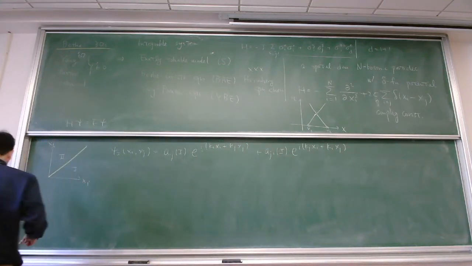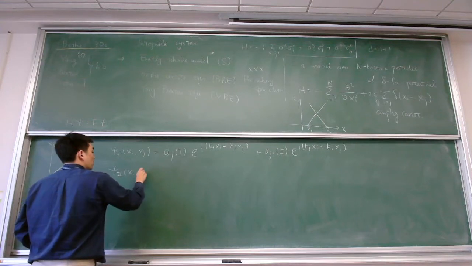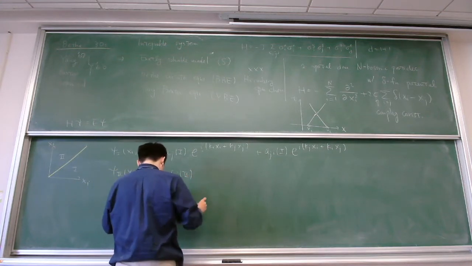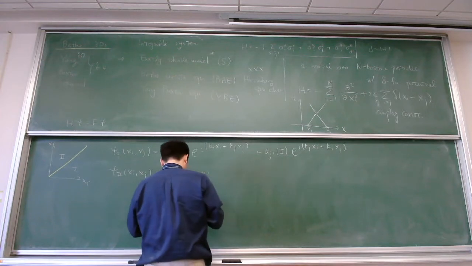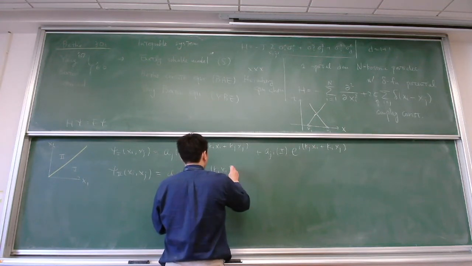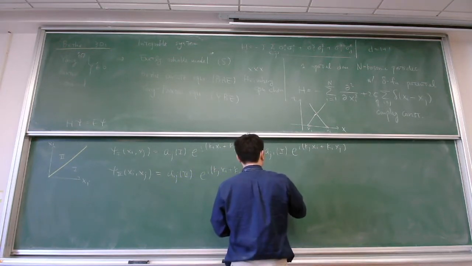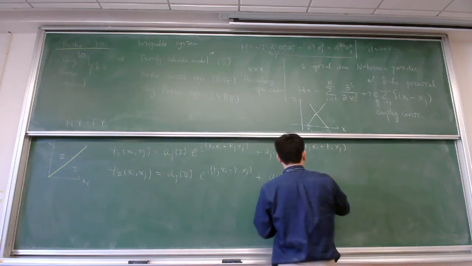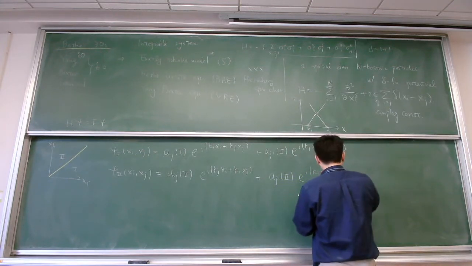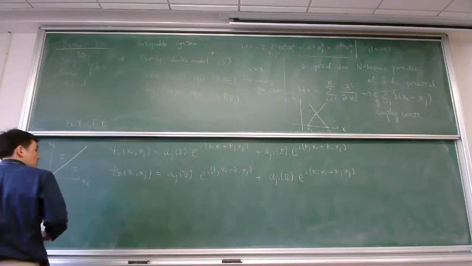So plane wave, and then psi 2. So this is called Bethe ansatz.